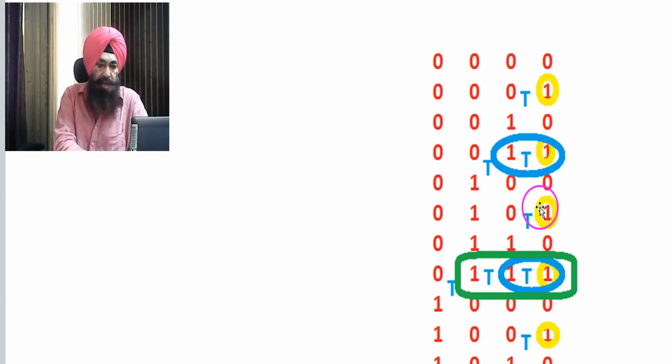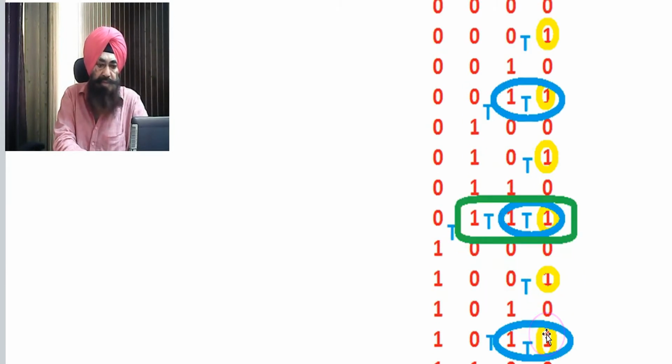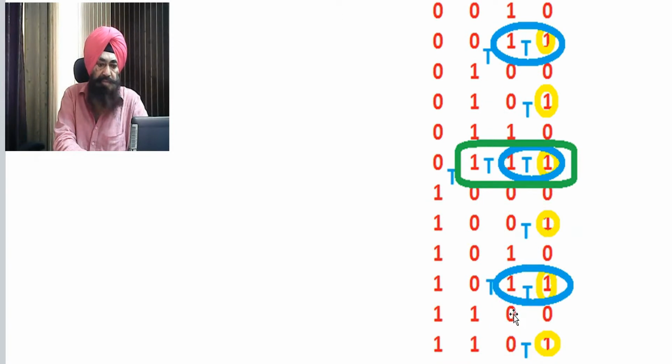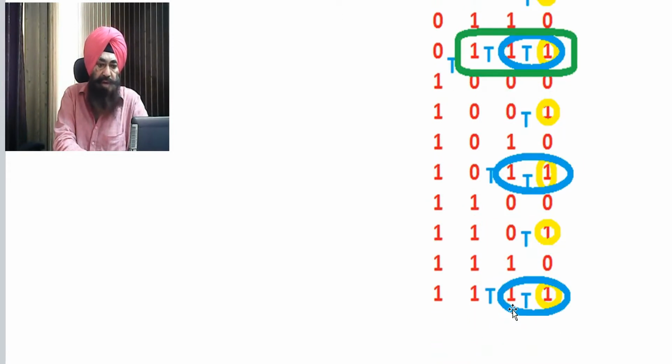Again, when this 1 comes, it toggles from 0 to 1. When 1 comes again, it toggles 1 to 0. Again, when 1 comes, it toggles 0 to 1. And again this 1 comes, toggle 1 to 0. Again when the 1 comes, toggle 0 to 1, and so on.